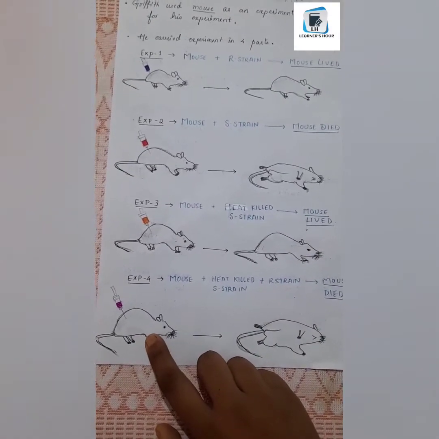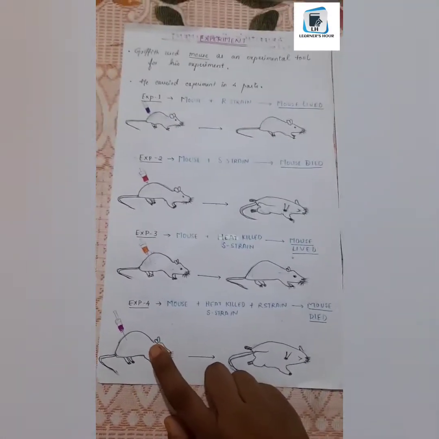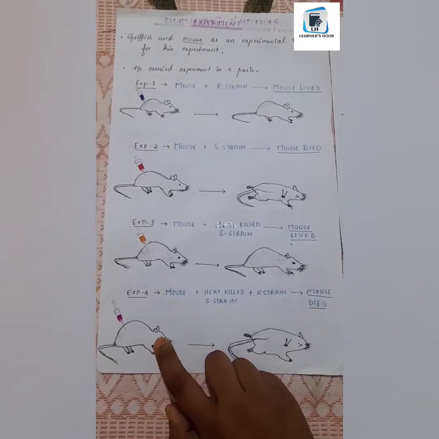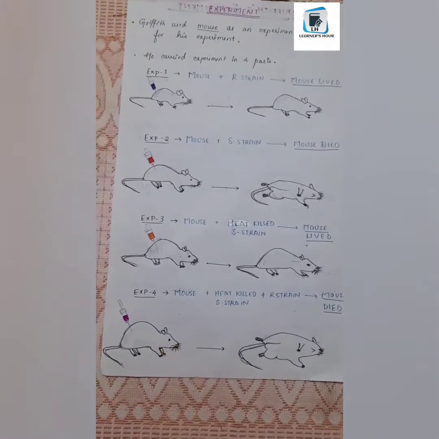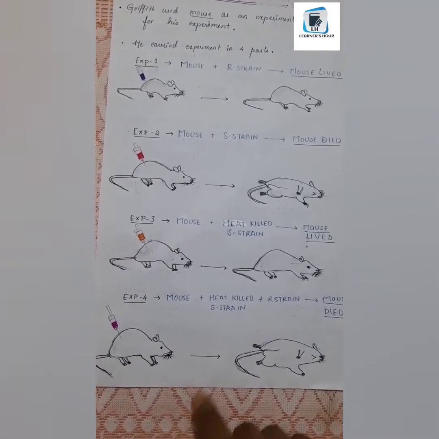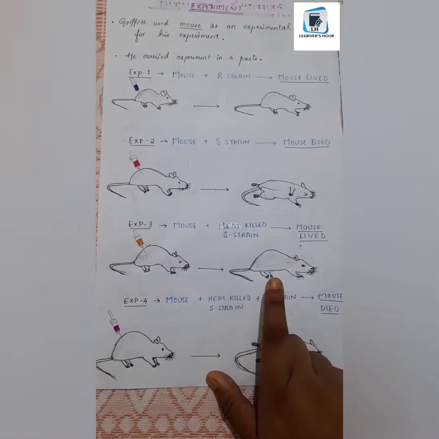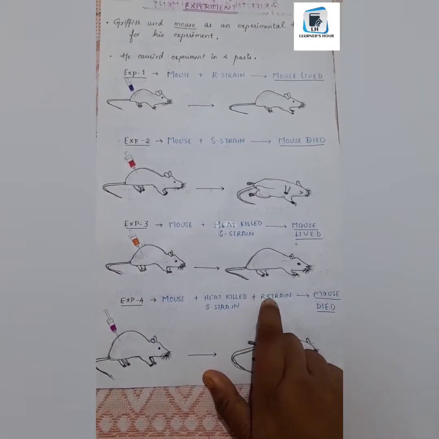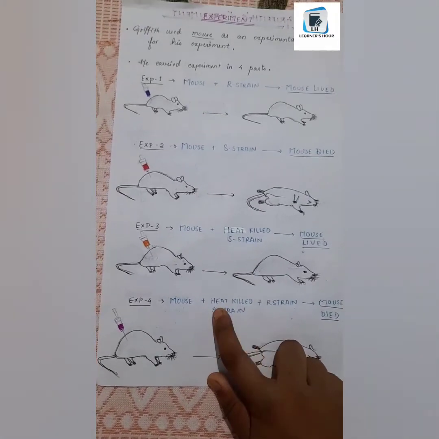Then Griffith gave the hypothesis of the transforming principle, that something has transferred from the heat-killed S strain to the R strain, which has transformed the R strain into the virulent S strain.